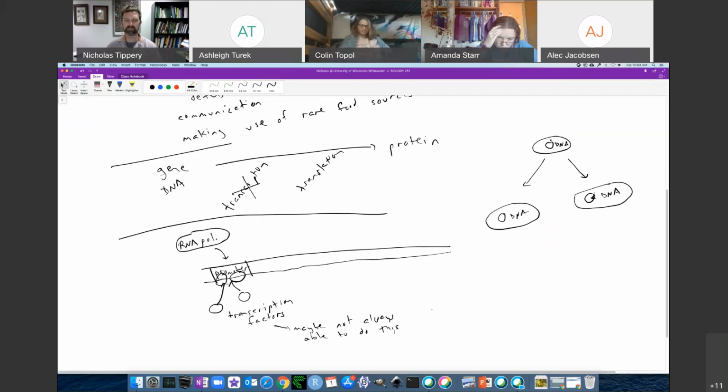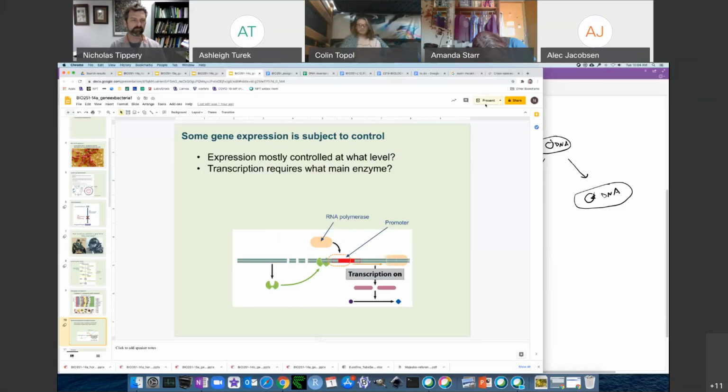So the RNA polymerase is ready to do transcription at places where it's invited, but if the sort of entourage of enzymes, if they're not available, then RNA polymerase might not get the signal to do transcription.